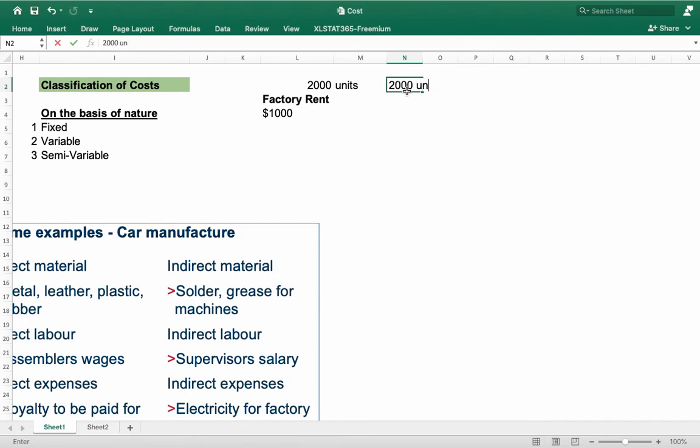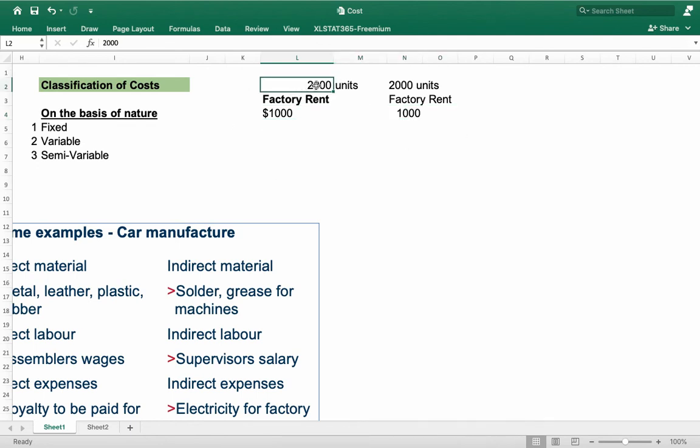Suppose all of a sudden I started manufacturing masks and PPE kits during Corona time, so the demand has increased. Is this one factory sufficient for me? Nope. So I have to look for another factory, and then I have to pay 1000 more. Now, what is my total factory rent? 2000. So this is fixed cost.